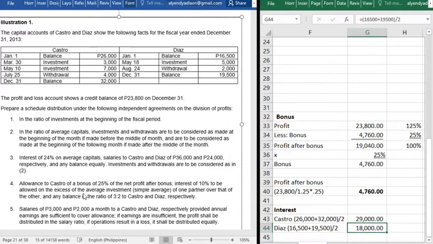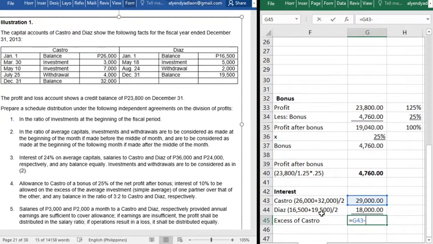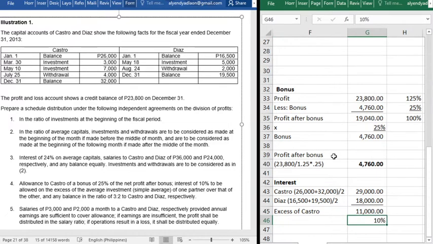So accordingly, the excess of the average investment of one partner over that of the other will be given interest. So we are to get the excess of the capital of Castro over the capital of Diaz because Castro is higher. So the excess of Castro is 29 minus 18, that is 11,000. So we are to give interest to Castro, and accordingly that should be 10% interest.